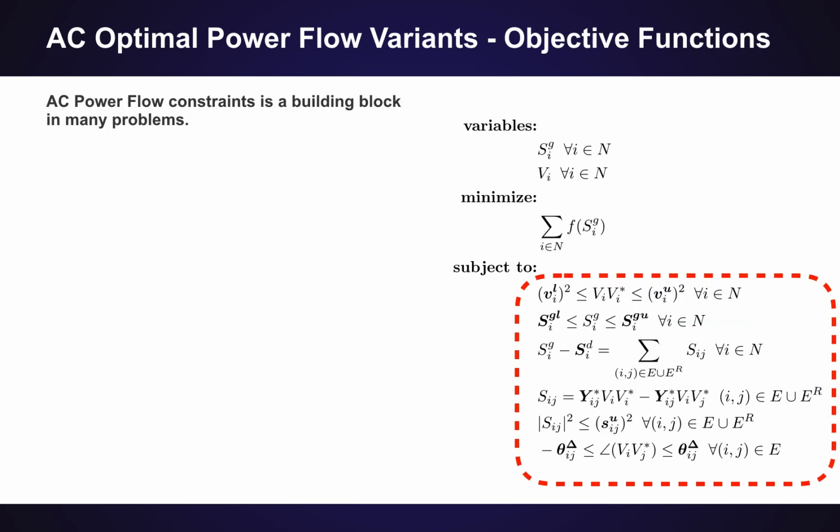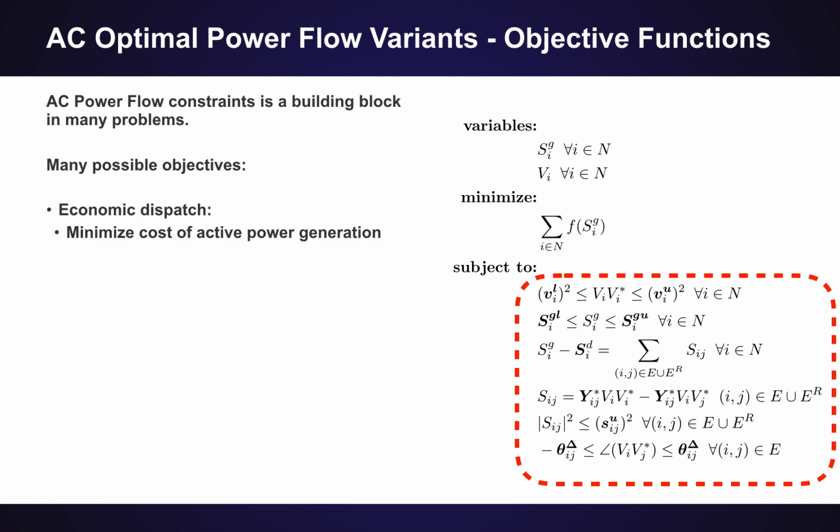So the next thing that is important to think about is the objective function. So really the AC power flow constraints that we have, I have highlighted here in red, they are a building block in very many problems that are relevant in power systems operation. But there are very many possible objective functions that we can have to represent those different kinds of problems.